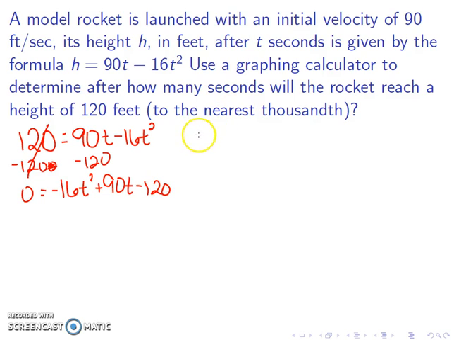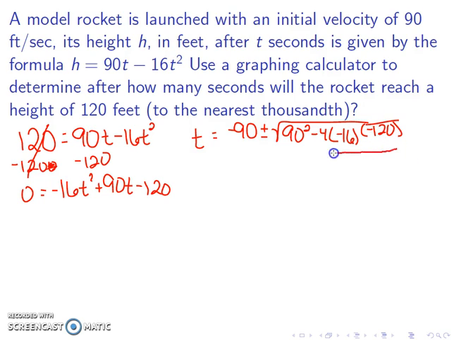And we'll now use the quadratic formula. So I have negative b plus or minus the square root of b squared minus 4 times a times c, all over 2 times a.